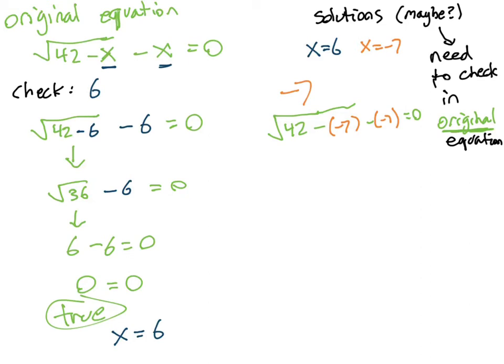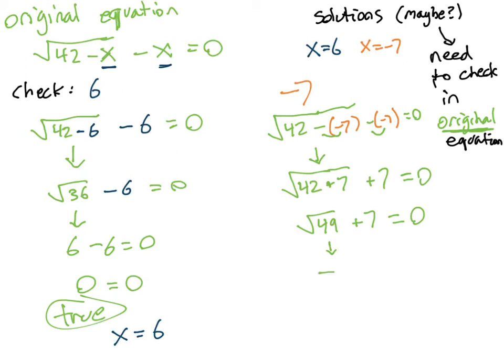So the inside of our radical here will become square root of 42 plus 7, because negative times -7 is +7. And same thing outside of our square root, that will become plus 7. So this equation says the square root of 49 plus 7 is equal to 0. The square root of 49 is 7.